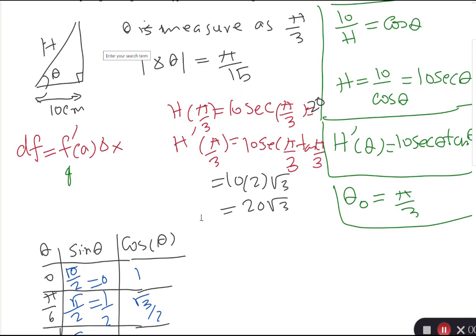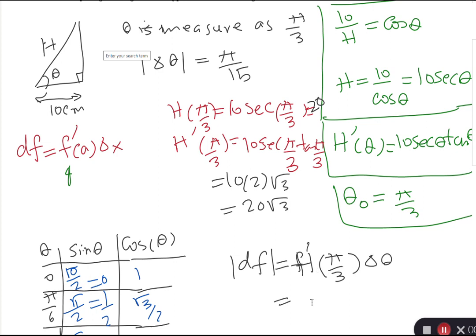What I need to find first is the absolute error, which is approximated by the absolute value of df, which is equal to h prime at pi/3 times delta theta.